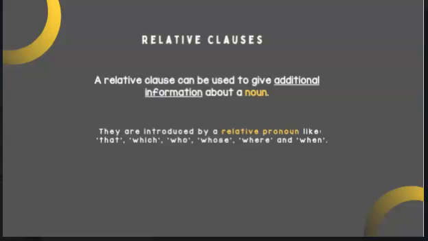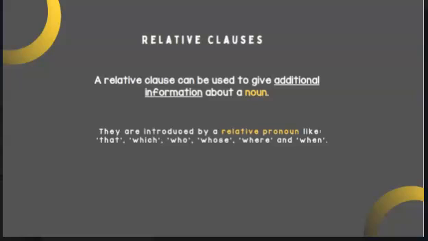I would definitely make notes of this slide of the types of relative pronouns: that, which, who, whose, when. Those are some of the examples. The most common ones used are who and which, and those are the ones you're probably going to use when embedding relative clauses into your work.